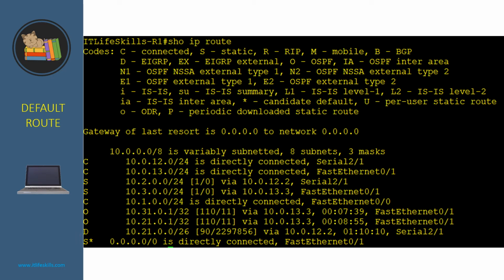In this case, the default route is a static route, and the star over here means it is the candidate default. And it instructs the router to send all unmatched IP packets via the outgoing interface F0/1.